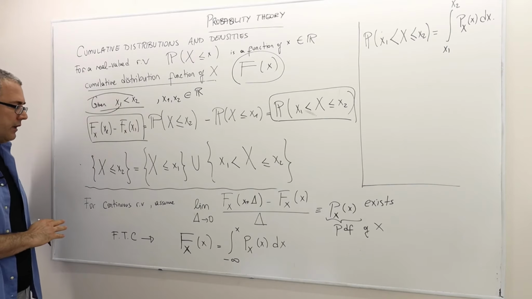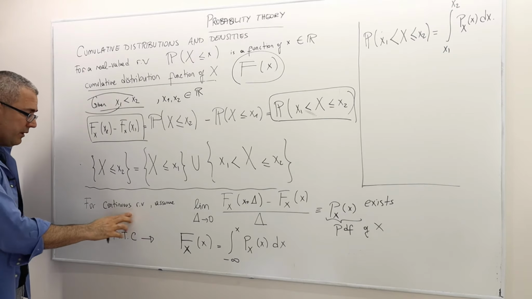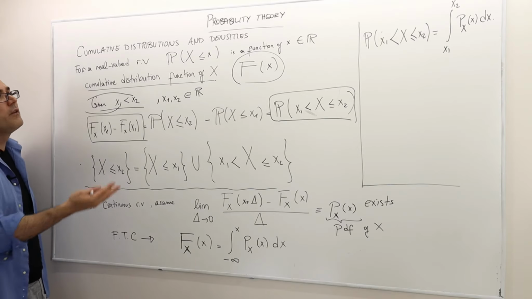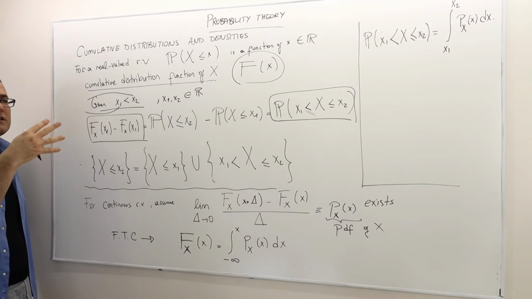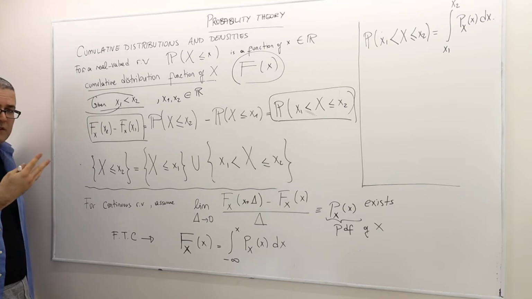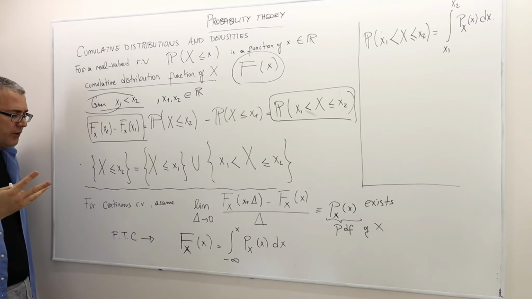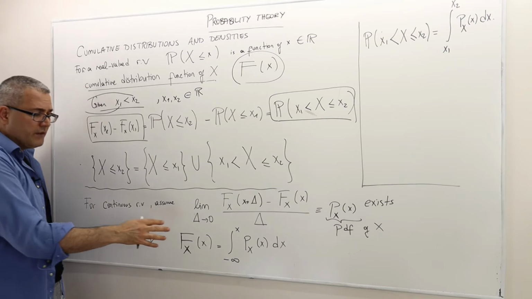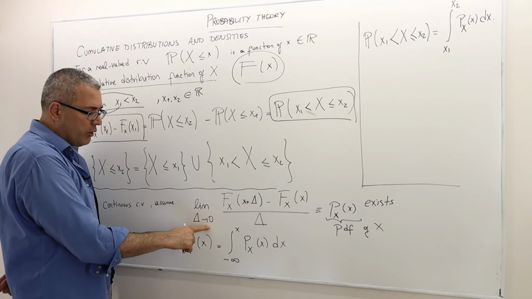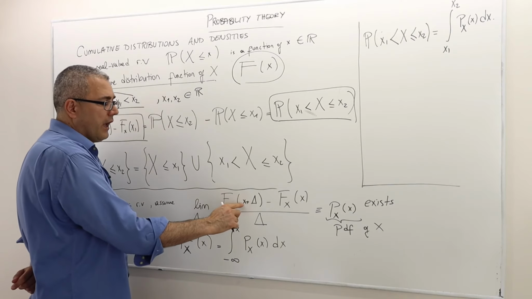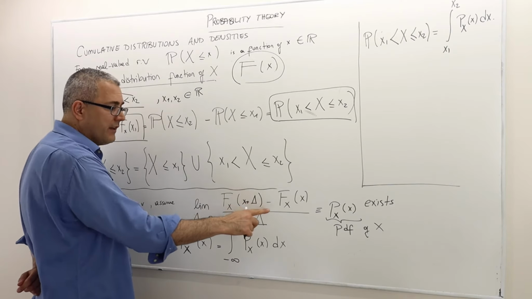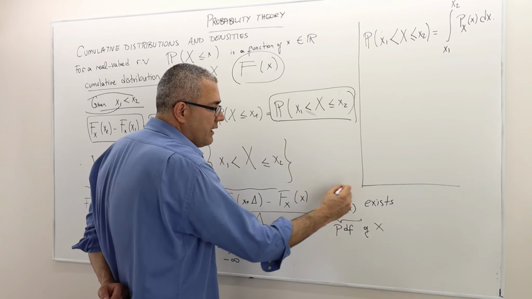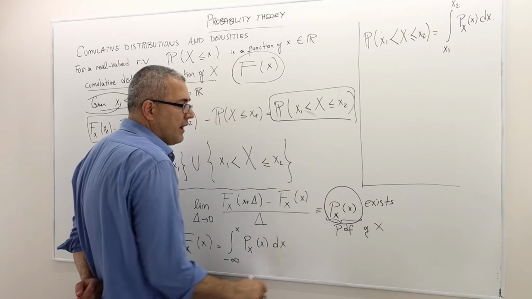If, however, my random variable is continuous, and by the way, this is possible only if my outcome set omega has a continuum of alternatives, then we assume that the limit as delta approaches 0 of (F_X(x + delta) minus F_X(x)) divided by delta, which is indicated as p_X(x), exists.